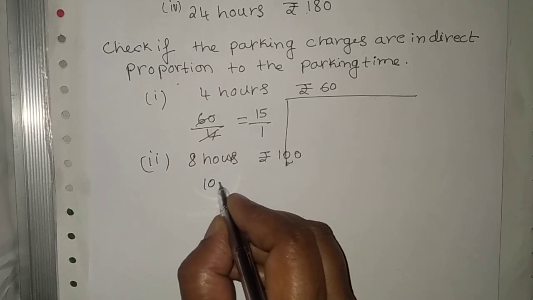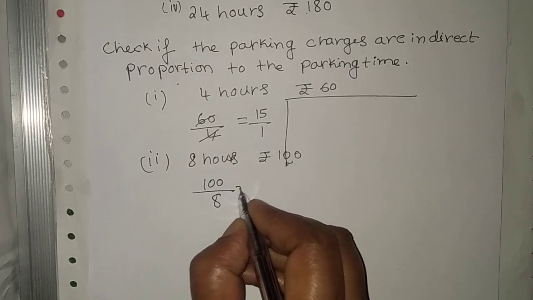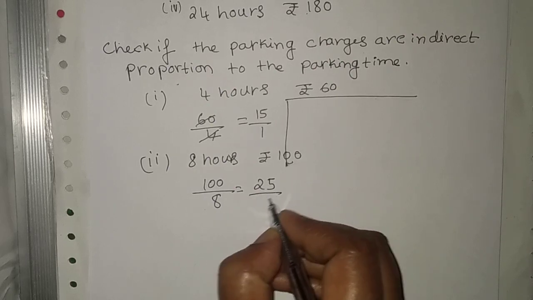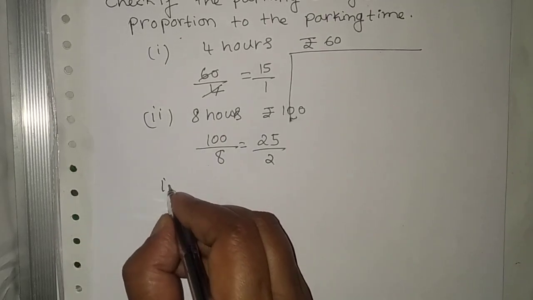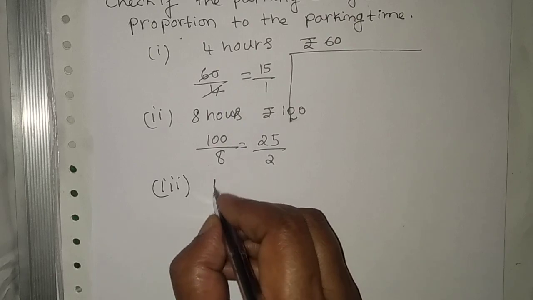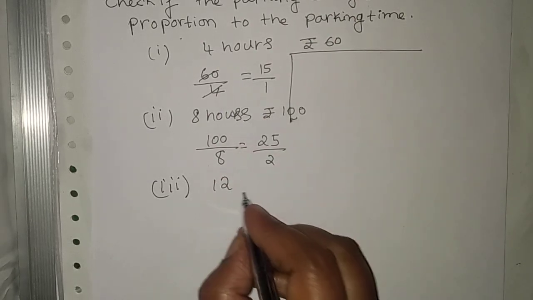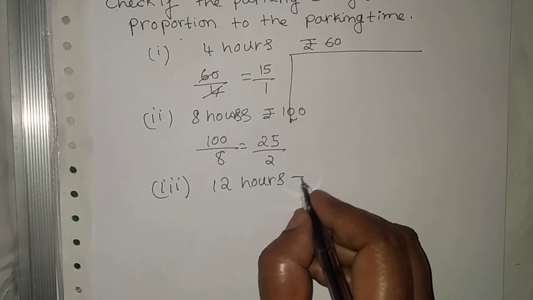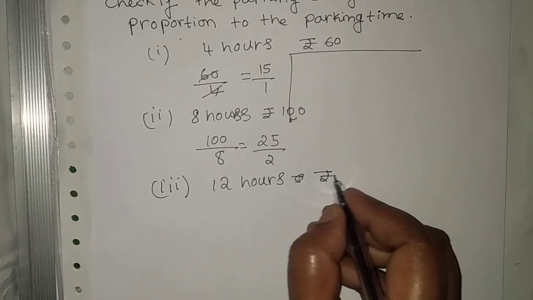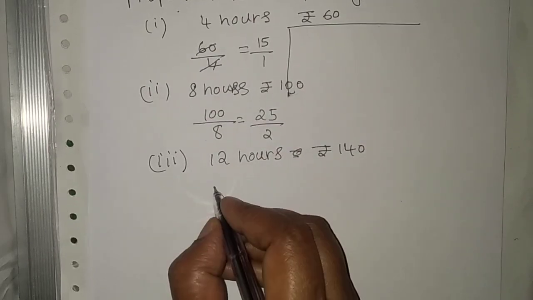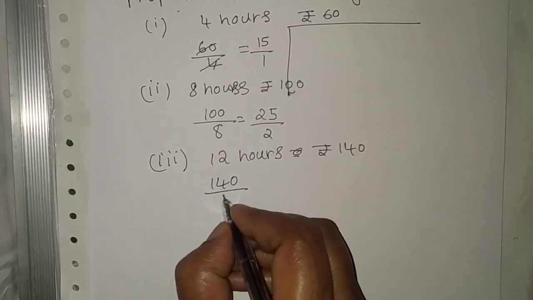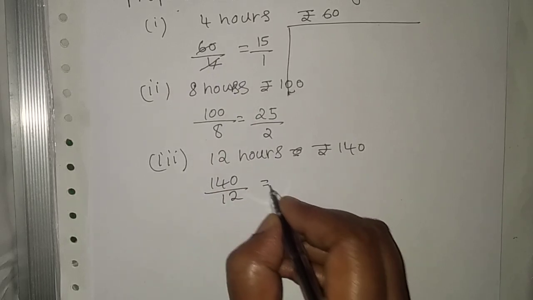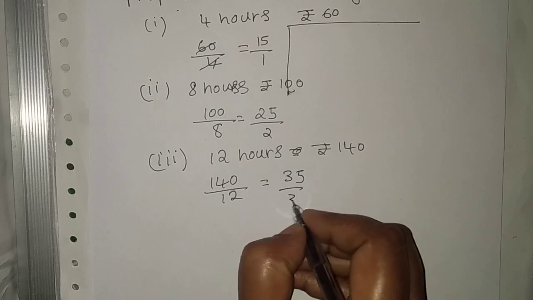So 100 by 8 is equal to 25 by 2. The third one is 12 hours, which is rupees 140. So 140 by 12 is equal to 35 by 3.